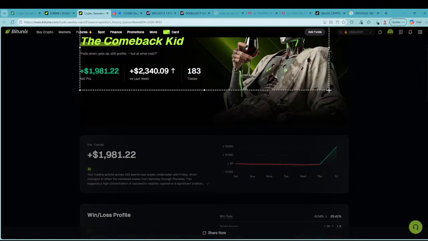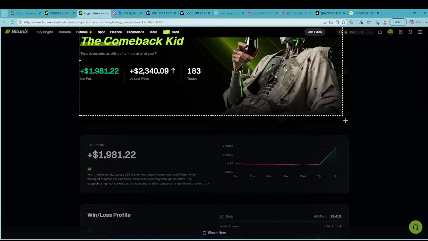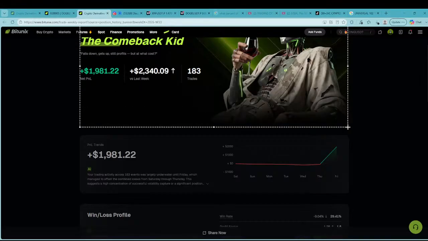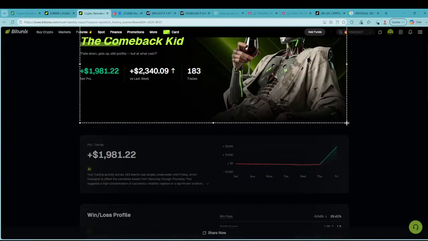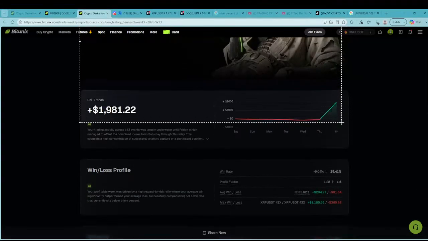So there's my 1900, there's my 2300. I made 183 trades. Now, the reason why it's that high is because I'm also testing and back testing and everything, but that number of trades is going to go down because now as I do the journey and as I move forward, I'm not going to be trading like that, but we're still going after our profits.